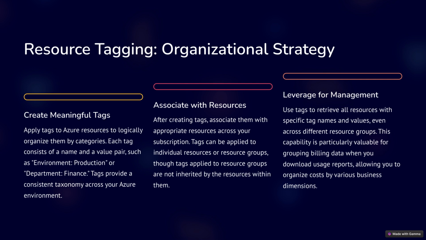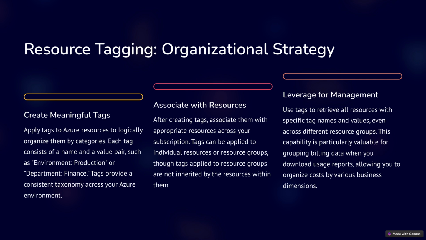Are there any best practices for creating and using these tags? For sure, the key is to have a clear and consistent plan for your tags. One that aligns with your organization's needs and how you want to allocate costs. So once you set your tagging standards, like which tags are required and what values are allowed, you need to make sure those tags are applied to all relevant resources across all your subscriptions.